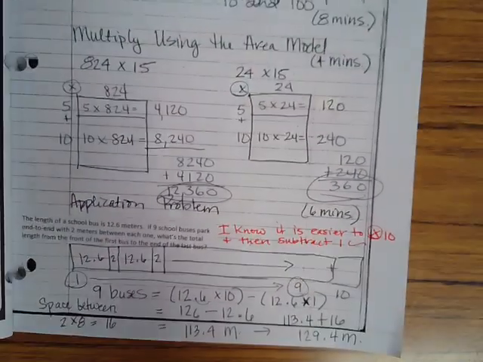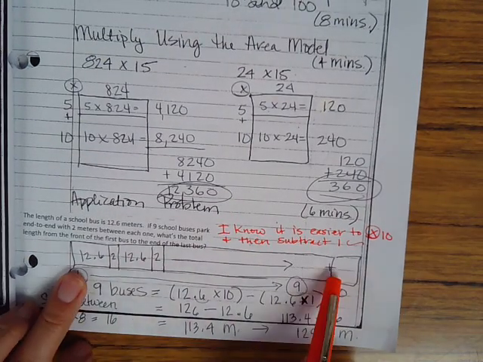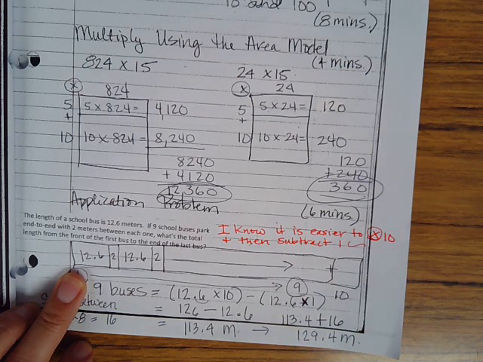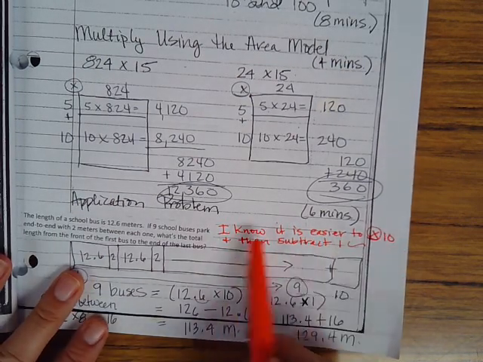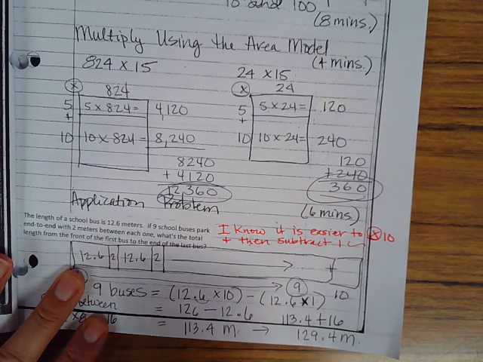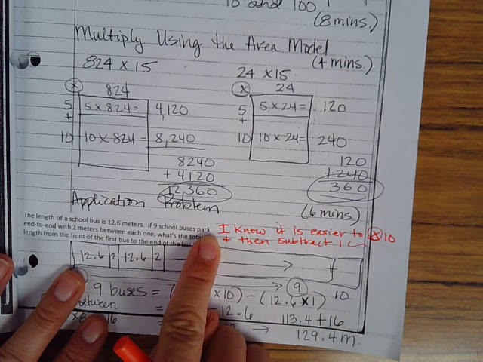All right, our final part is our application. Now, I used a tape diagram to show my thinking, but I know it's easier to multiply by 10 and then I can subtract 1. See how it's like if 9 school buses were parked end to end?